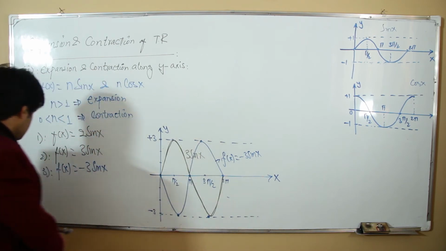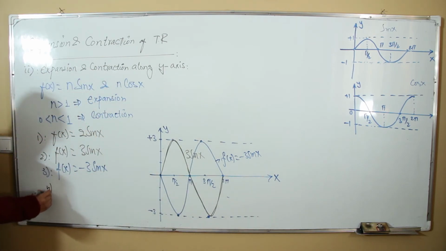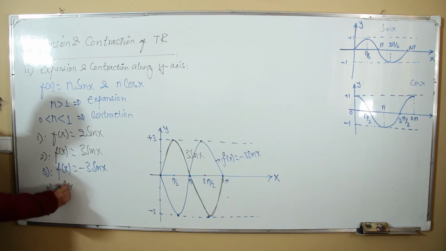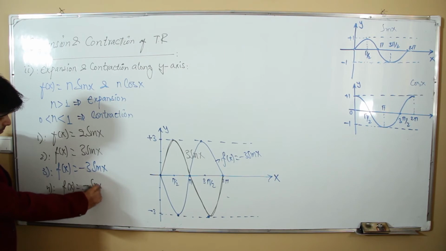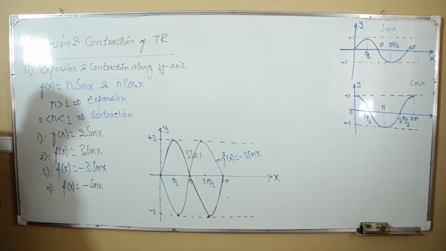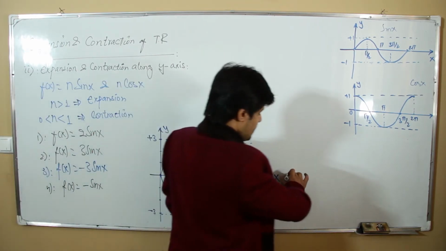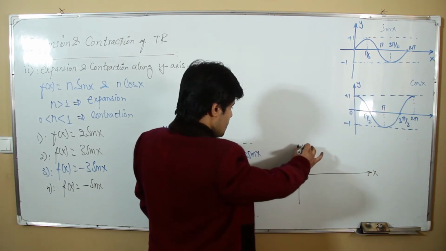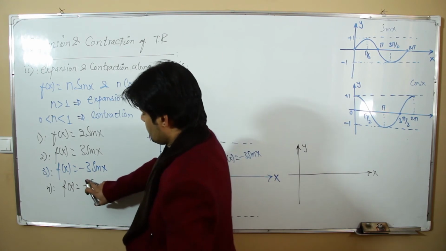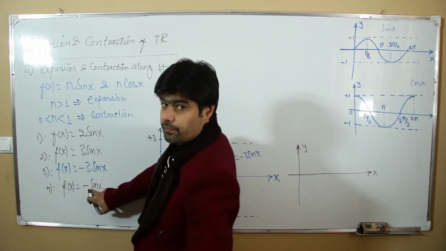What do I mean? For example, if I have another example, f(x) is minus sin x. Now, how can you draw this one? This is our x-axis. This is our y-axis. What's the amplitude? This coefficient.